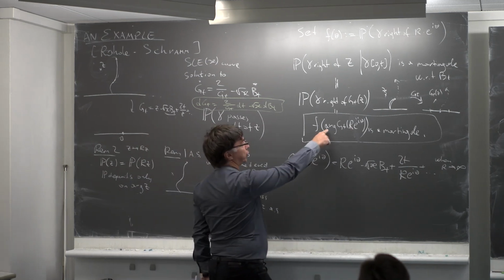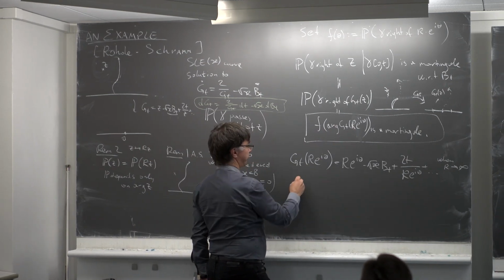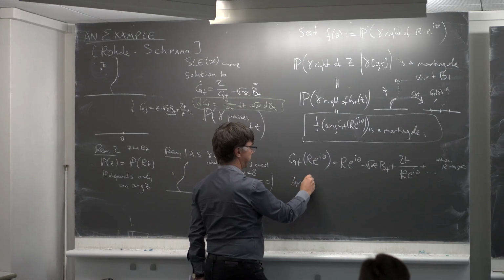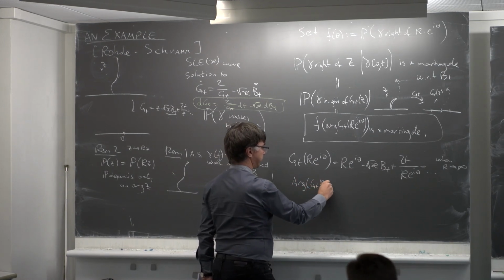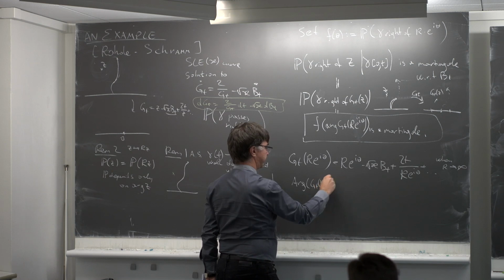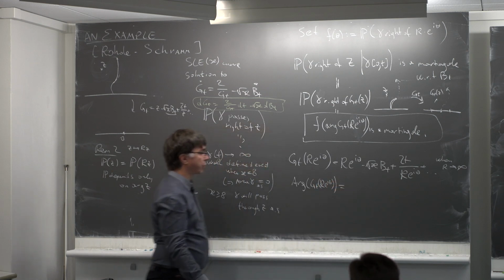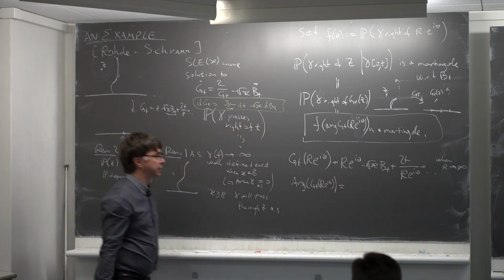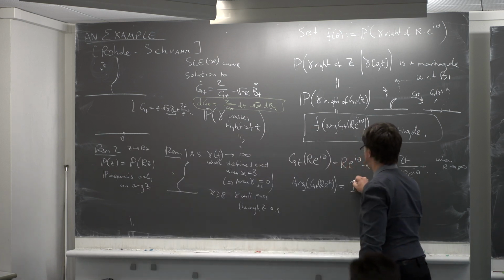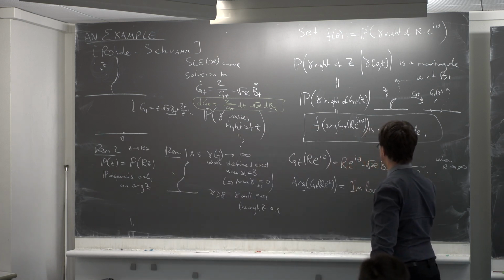Now, what I want is the argument. The argument of this GT of R e to the power i theta is easiest to write as the imaginary part of the logarithm of this number.